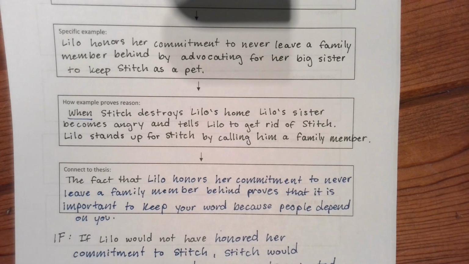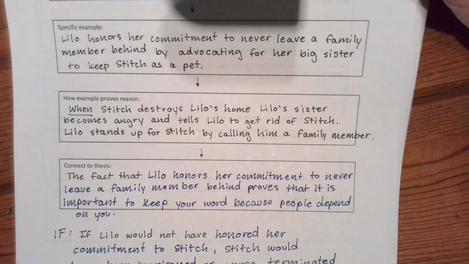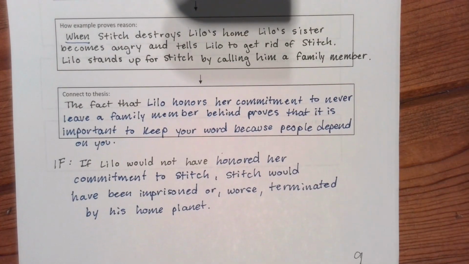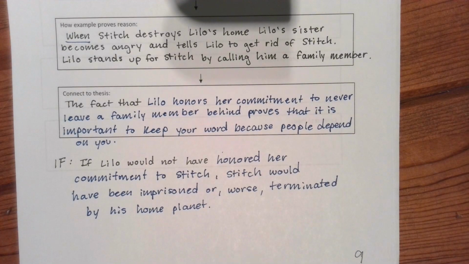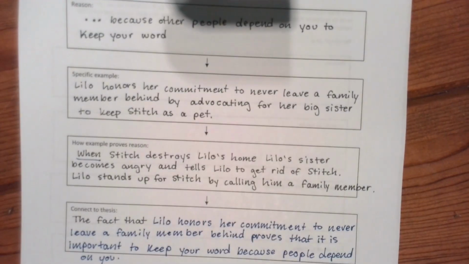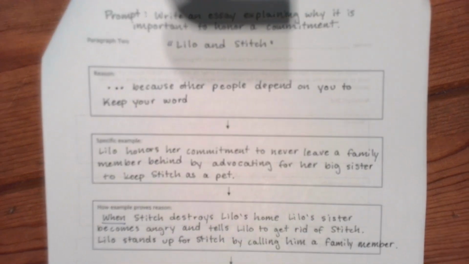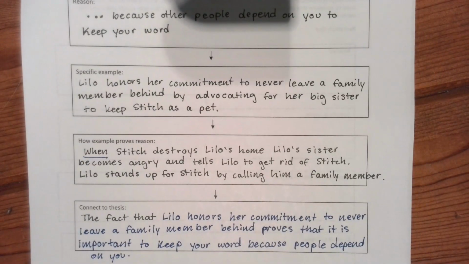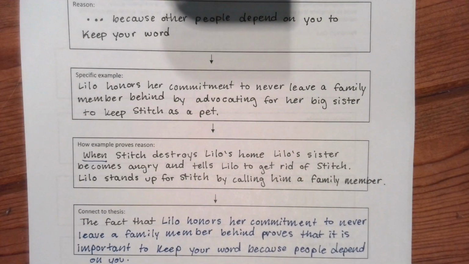The fact that Lilo honors her commitment to never leave a family member behind proves that it is important to keep your word because people depend on you. If Lilo would not have honored her commitment to Stitch, Stitch would have been imprisoned or, worse, terminated by his home planet. And we have a fully developed second body paragraph that connects to our thesis.